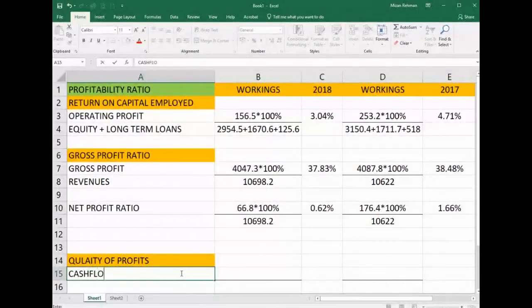Cash flows from operations or operating activities, same thing, and operating profit.